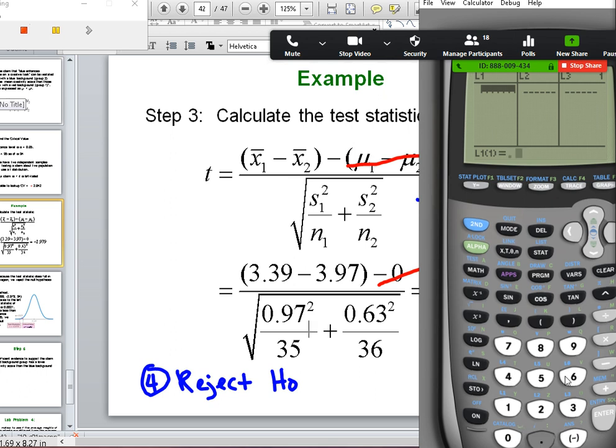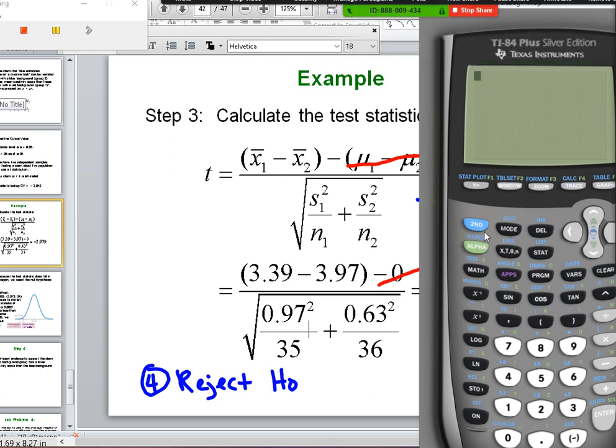So 0.97 squared, divided by 35, plus 0.63 squared, divided by 36.